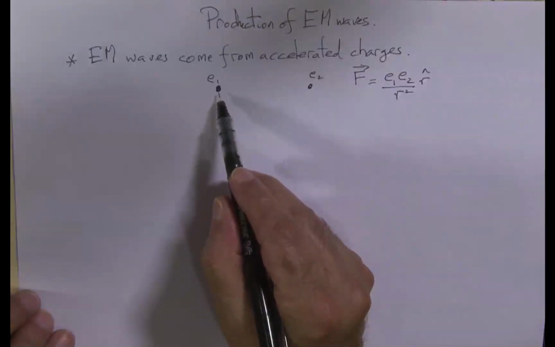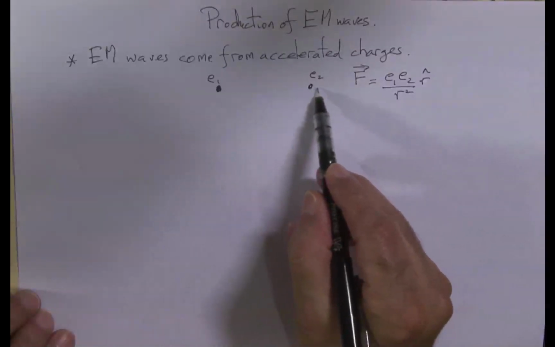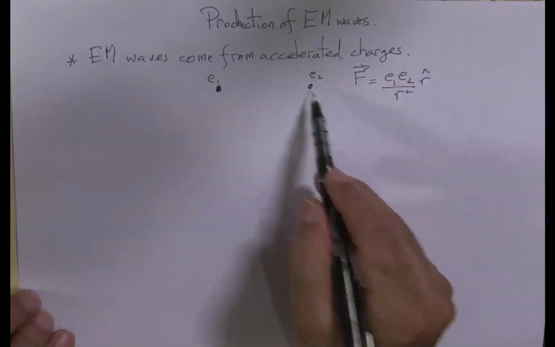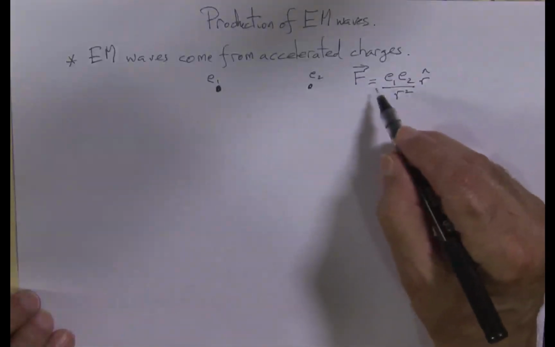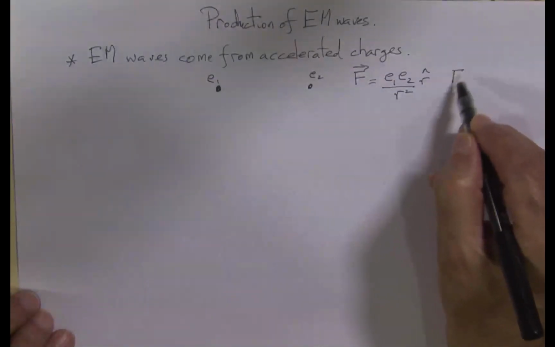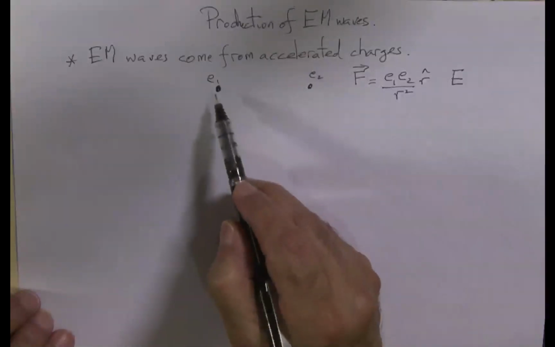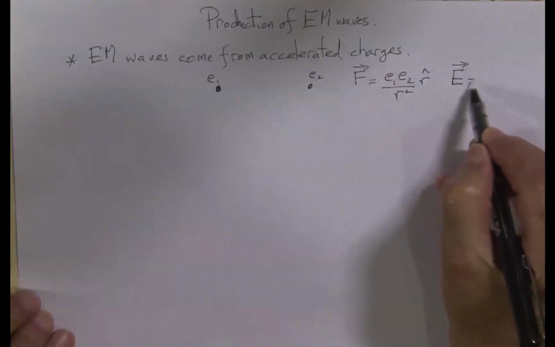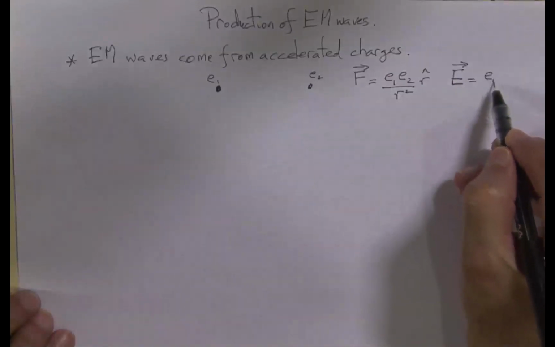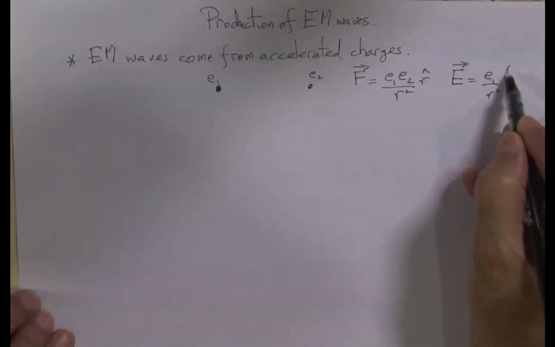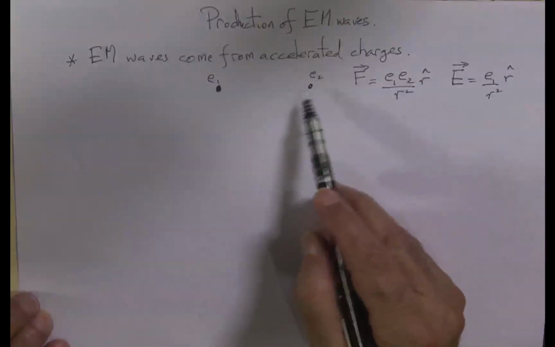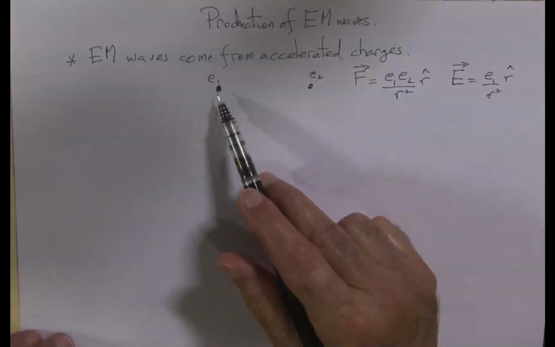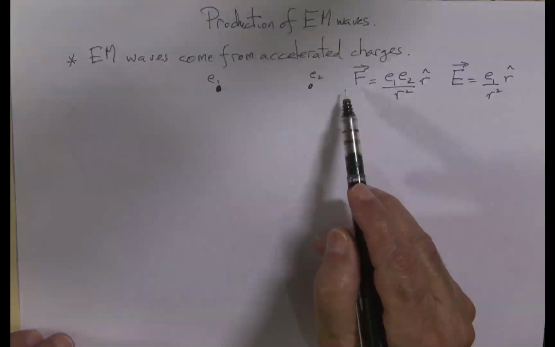That means that the force is entirely in the direction of the vector which connects the two charges. Now, this force comes because of an electric field, and obviously that electric field produced by q1 at q2, you will write therefore as q1 over r squared r hat. So the charge q2 simply experiences what is produced by q1, and that force is in this direction.